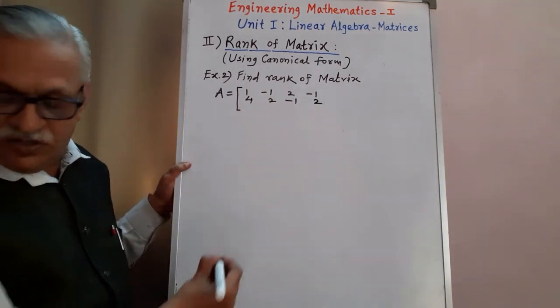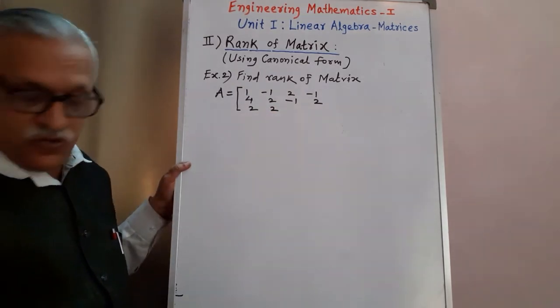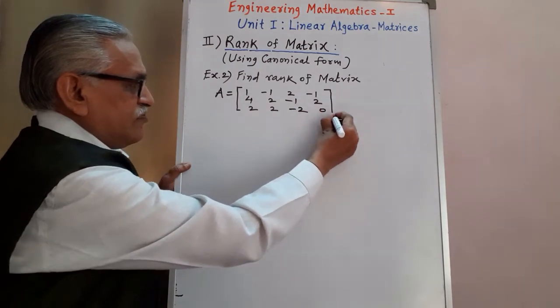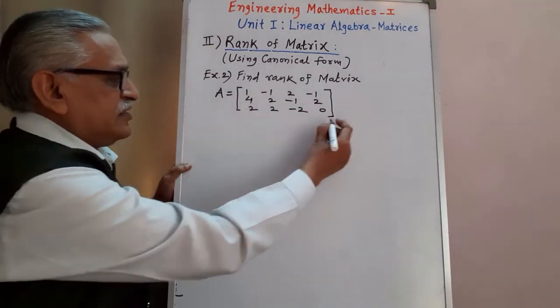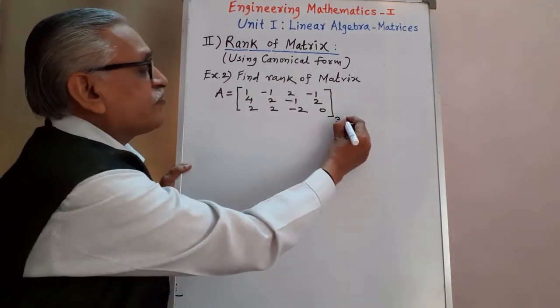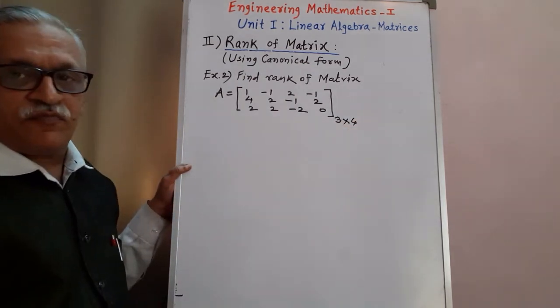And third row, 2, 2 minus 2 and 0. The order of this matrix: there are 3 rows and 4 columns. Therefore, order of this matrix is 3 by 4.